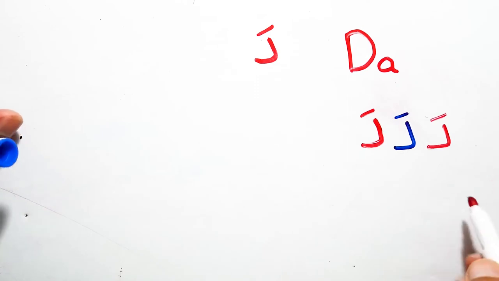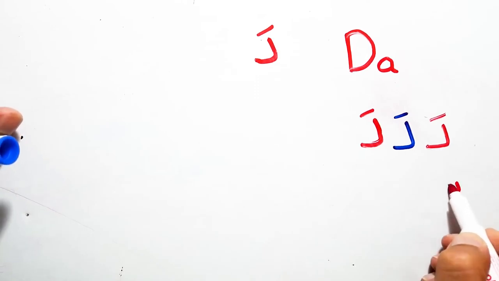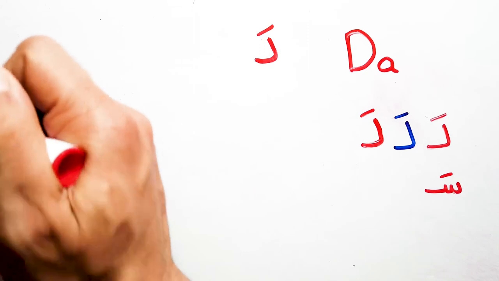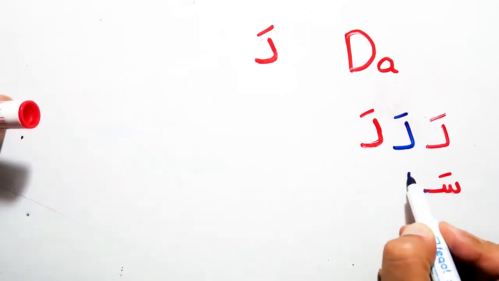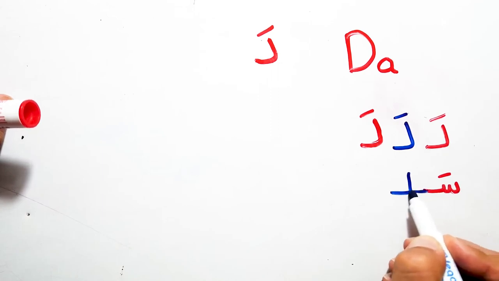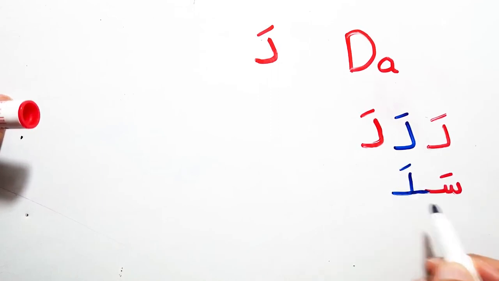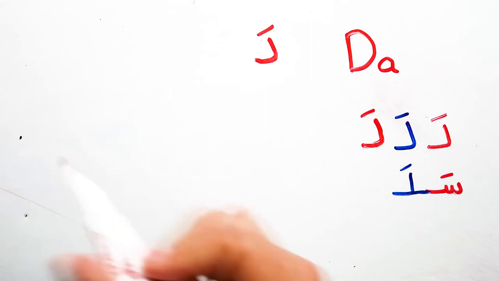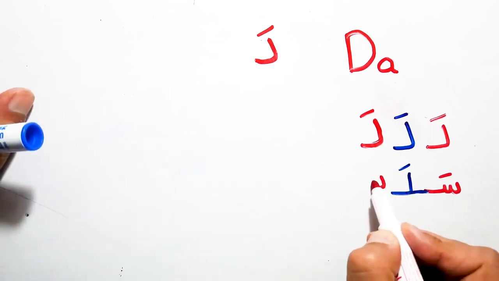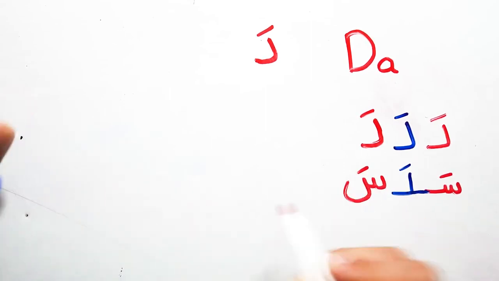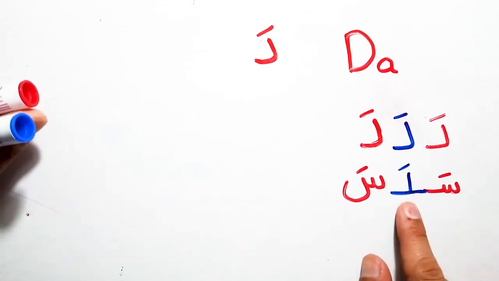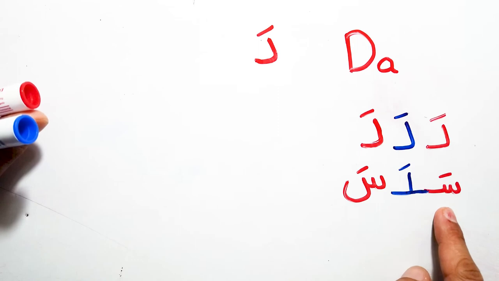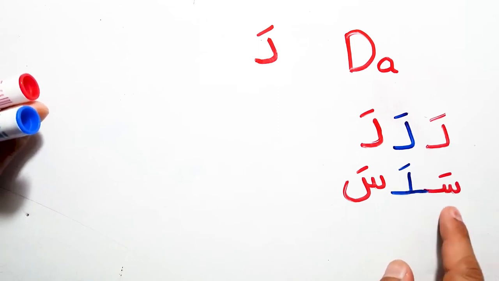So I'm gonna write now se in the beginning, se. And then let's write da in the middle of the word. Se da, se da. So this is the shape of da in the middle of the word when the previous letter is not a refusal letter.